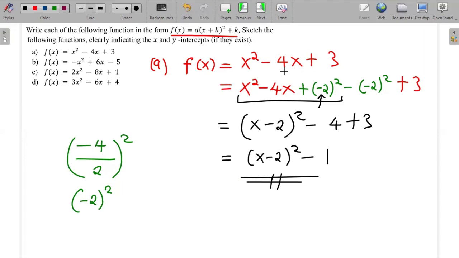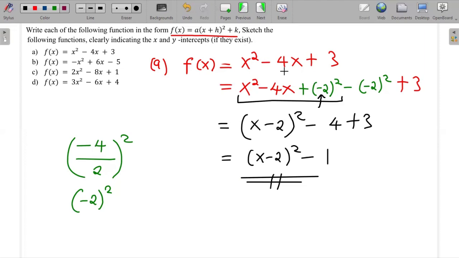I don't know if you understand. Yes, sir, this is where I was asking now. Yeah, so for quadratic functions, I will leave the answer with the brackets and the square. For functions, we leave it like that.